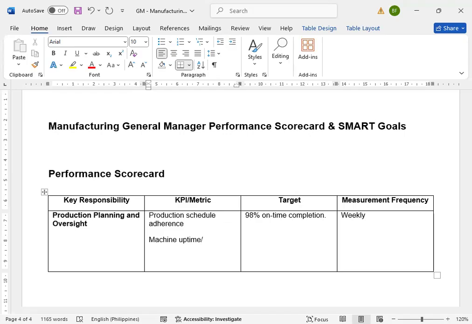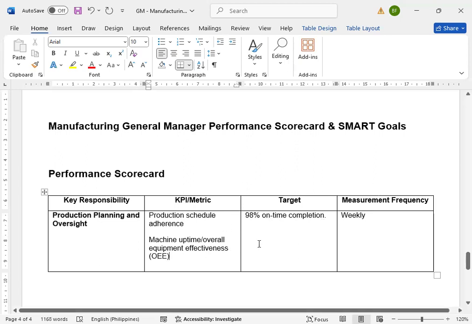Remember the OEE? This would be the overall equipment effectiveness, or OEE.